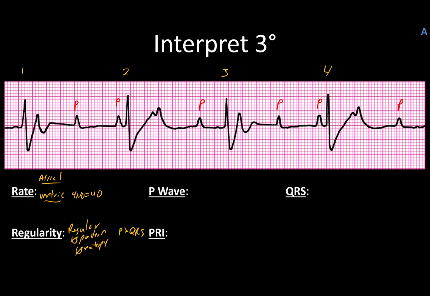We're going to go ahead and measure out the ventricular rate because we are regular. And then we'll come back to our P waves. So the ventricular rate, we'll just measure between the first and second beat, and that is from here to here. And that comes out to about 42.